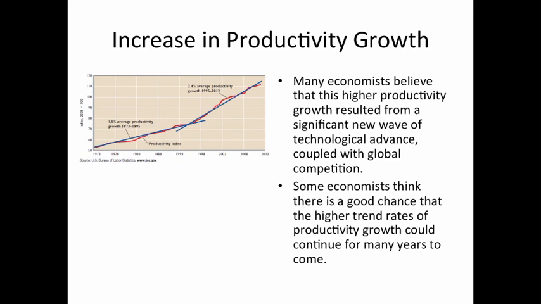For example, the United States achieved a significant increase in productivity growth starting from the mid-1990s, and that was really associated with a new wave of technological advancement. The internet really came online, along with serious boosts in telecommunications technology. Again, coupled with an ever dynamic global economy, this allowed the higher productivity growth rates that we've seen more recently.